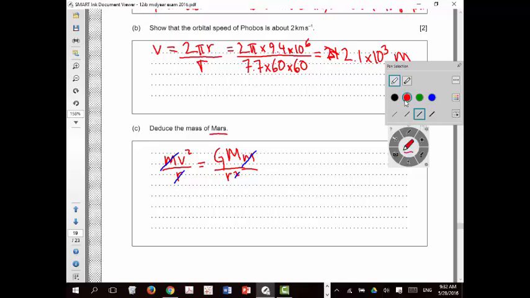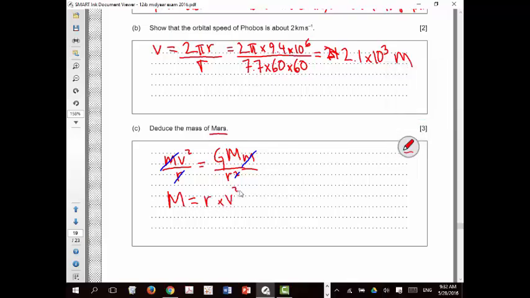Okay, and then we rearrange this for M, and we get M is equal to, we're going to multiply up the r and divide by G, so we get r times v squared over G, which is equal to 9.4 times 10 to the 6 times v squared, which was 2.1 times 10 to the 3.